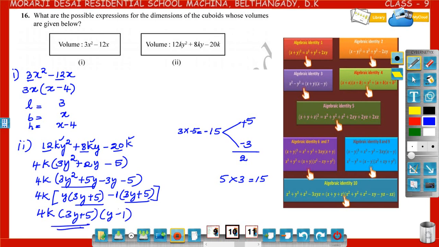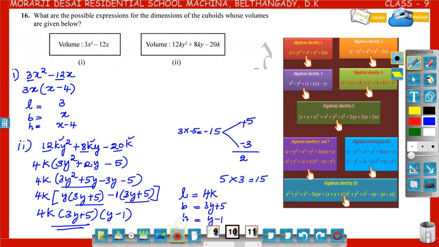So here we got 4 factors. 4 is a factor of 12ky square plus 8ky minus 20k, and k is also a factor. Then 3y plus 5 is a factor, and y minus 1 is a factor. But here we need only length, breadth and height. So take 4k together, then 3y plus 5 together, then y minus 1.